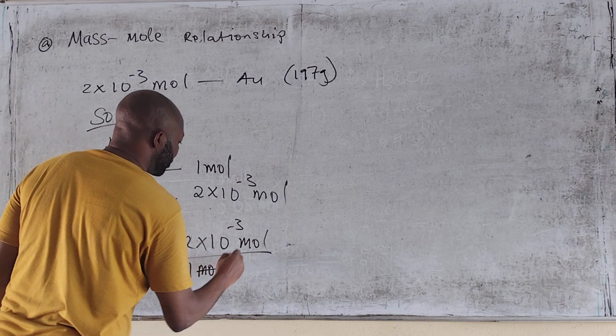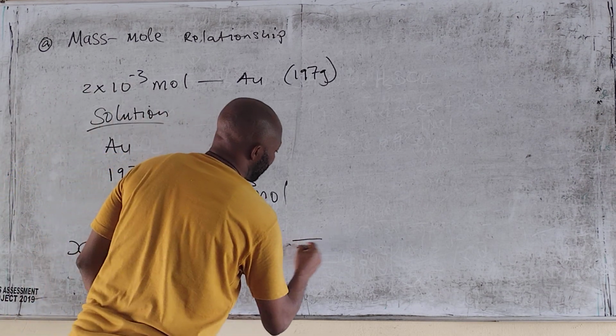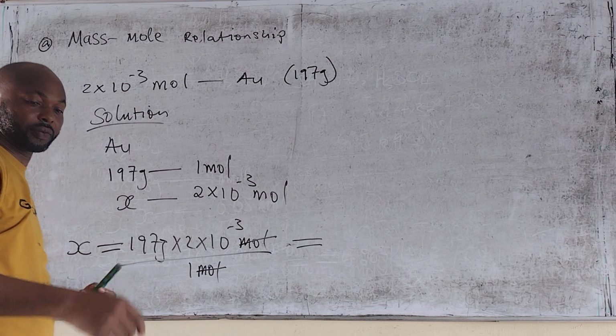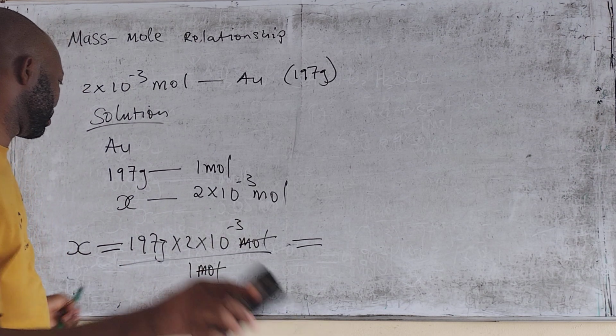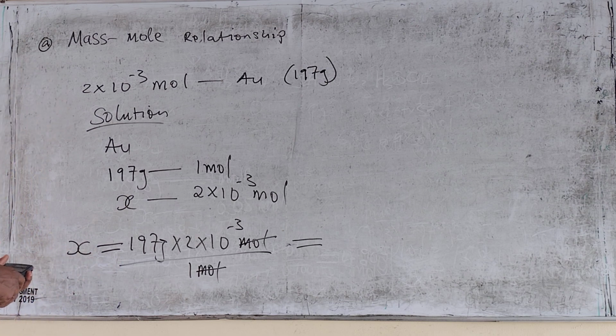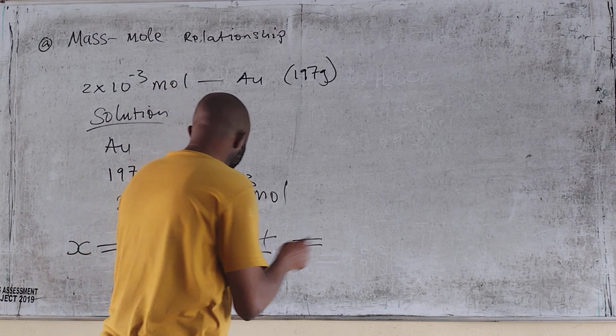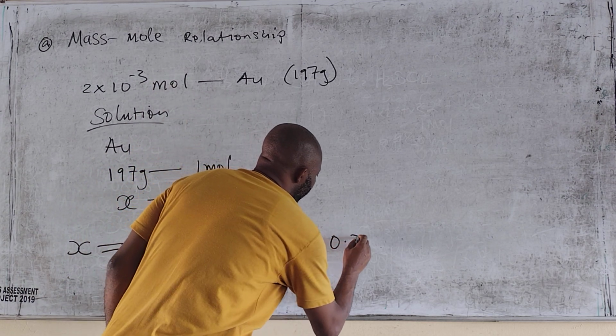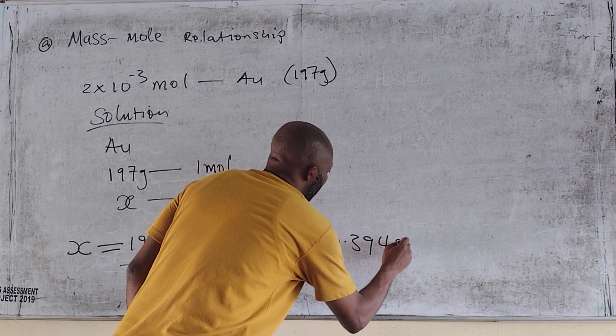Mole will cancel out. 197 times 2 times 10 raised to the power minus 3 is equal to 0.394 grams.